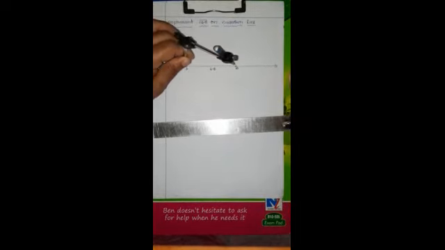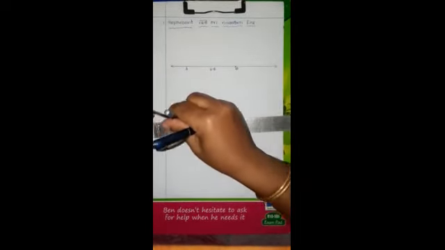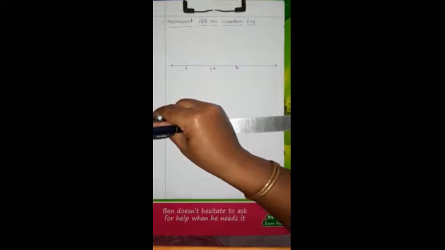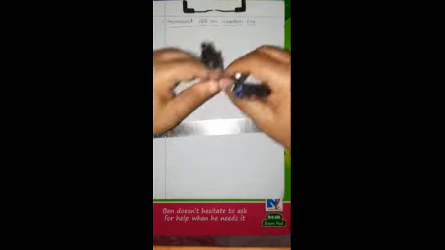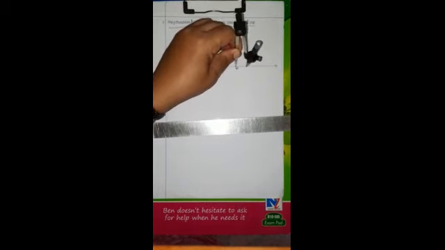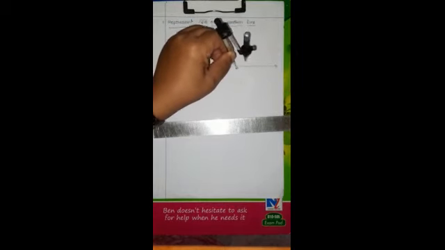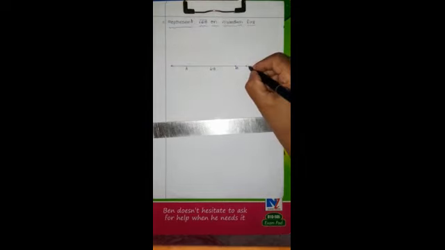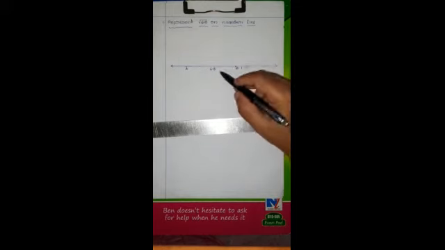Now again, take BC is equal to 1 centimeter. BC is equal to 1 unit. So total AC, length of AC line segment is 7.8 centimeter.